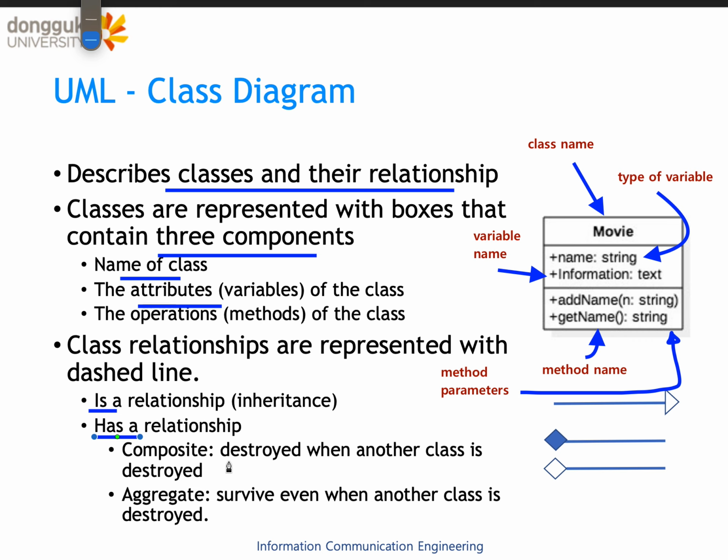I'll give some example, for example, animal and dog. In this case, you can say a dog is an animal. Okay, so in this case, inheritance. You see that this is an is-a relationship.